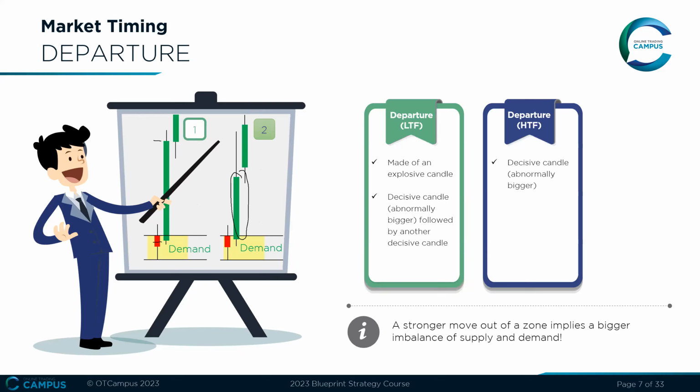So there's going to be two rules that we will apply here. The leg out has to be made of an explosive candle, and/or the alternative rule here is that the leg out can also be a decisive candle if the candle is also abnormally bigger and it's got follow through.